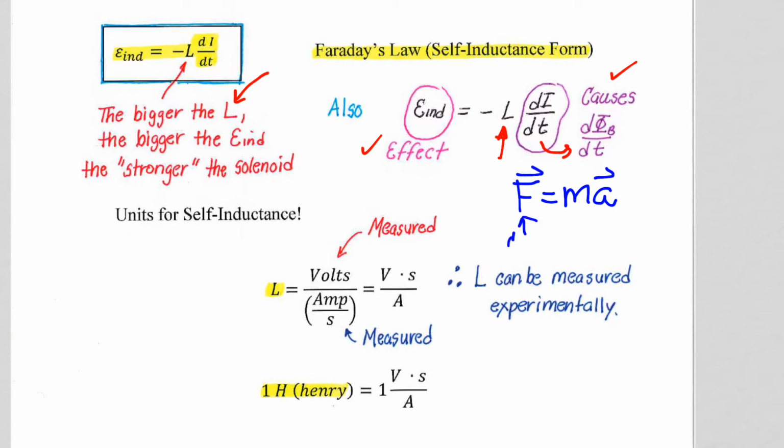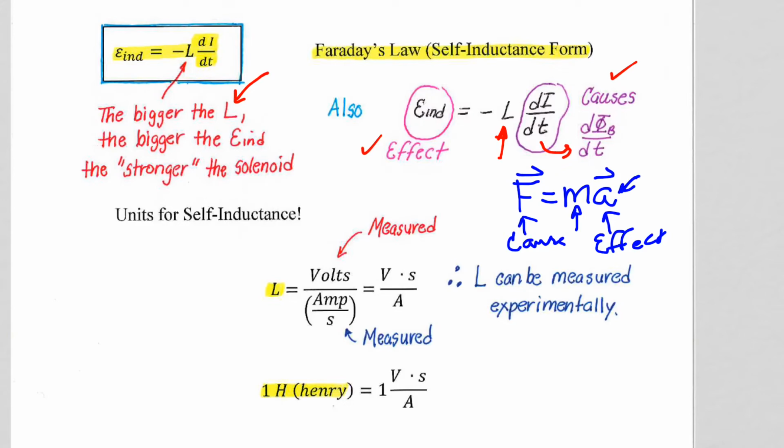The force was the cause. The acceleration was the effect, and mass was the proportionality constant that linked the two. Remember, force is directly proportional to acceleration. M is the proportionality constant that links the two. We equated mass with inertia, so it was resistance to the effect.